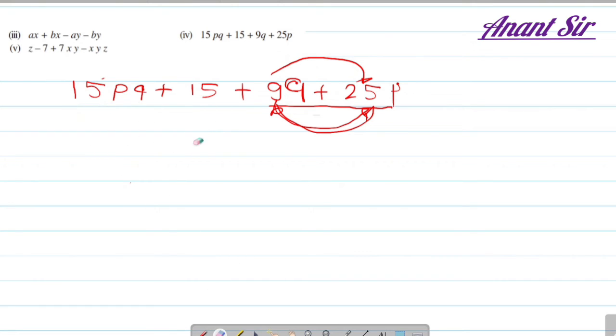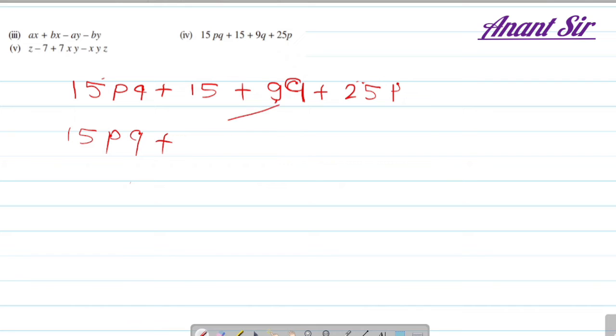So now what I am going to do, we will have to rearrange the terms. Okay. So what I am going to do, I am going to write this as 15pq plus, I am not going to change the sign of any term. Then I have written this 9q here, and then I take this 15 here and then I write this 25p here.